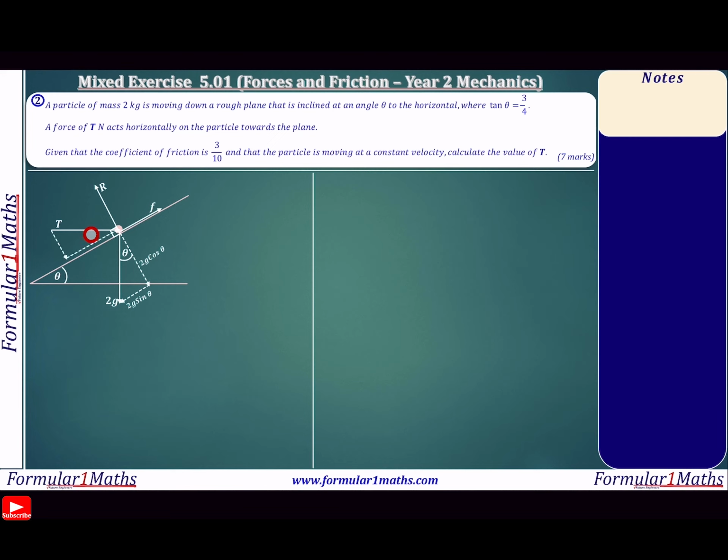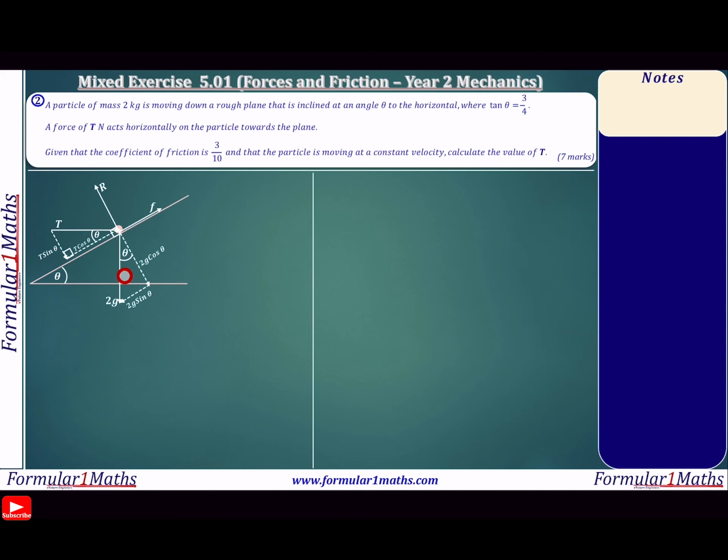But this angle here is theta because this angle and this angle are alternate angles. But this angle here is 90 degrees. We can now proceed to resolve this force as follows: T sine theta, which is perpendicular to the plane, and T cos theta, which is parallel to the plane.